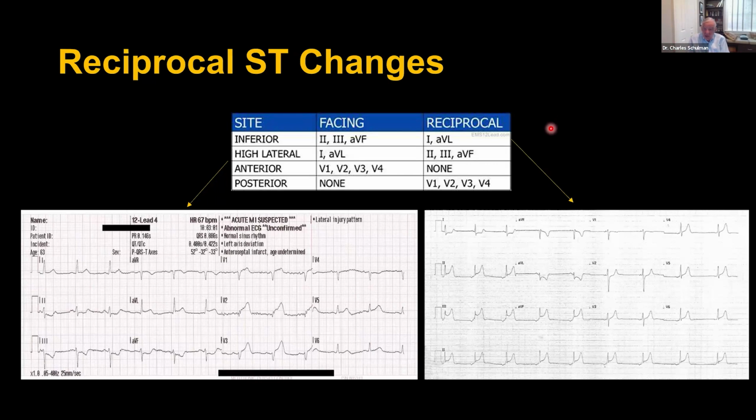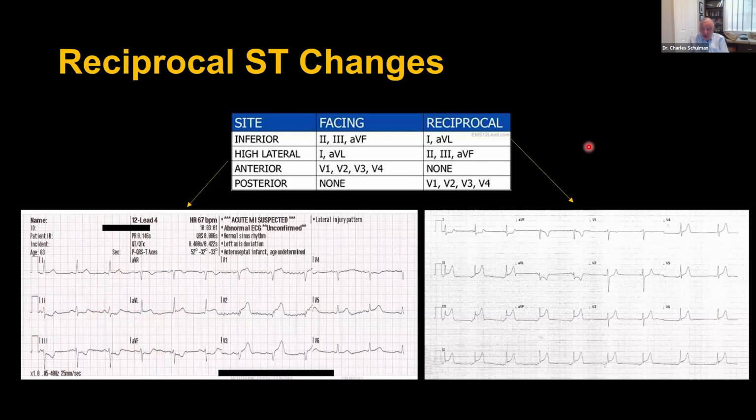As for example, here is acute inferior ST elevations. ST elevations in 2, 3, and aVF, and reciprocal ST depression in 1 and aVL. This is anterior. There's ST elevation in 1 and aVL, and ST depression in 2, 3, and aVF.